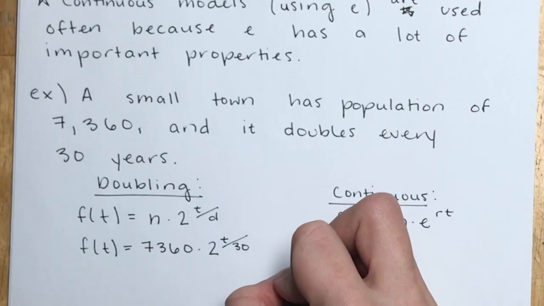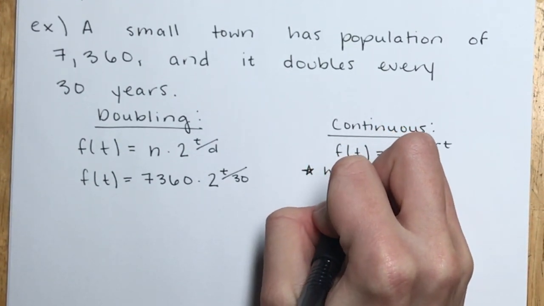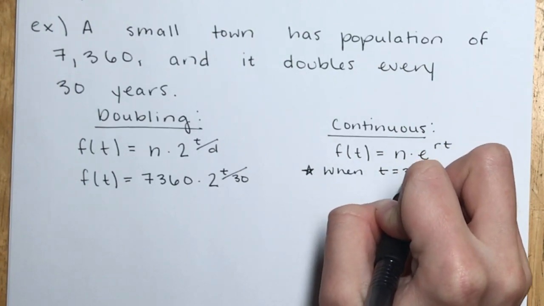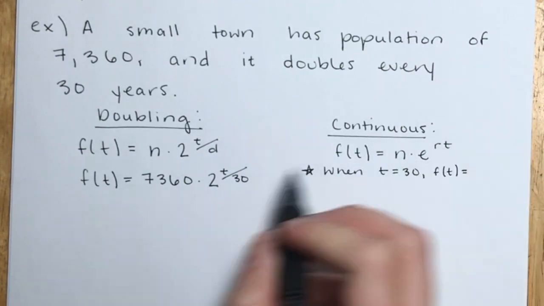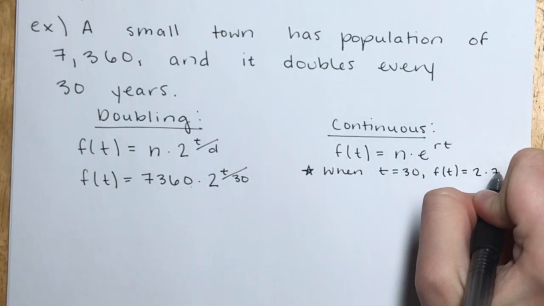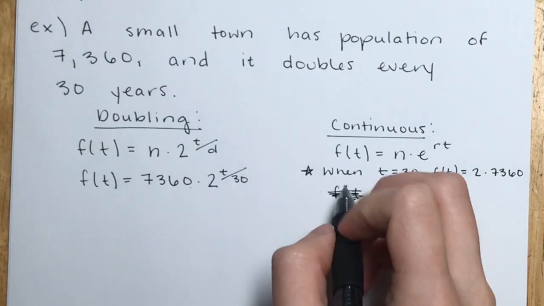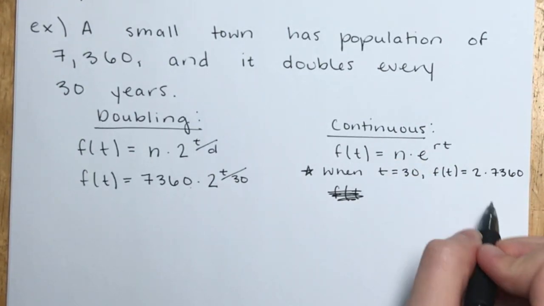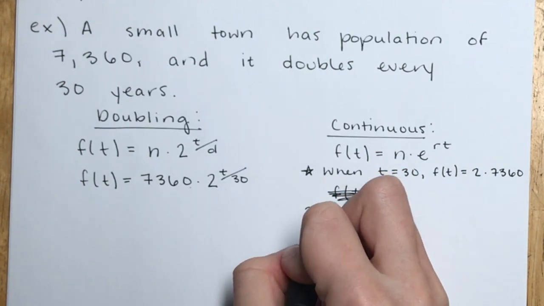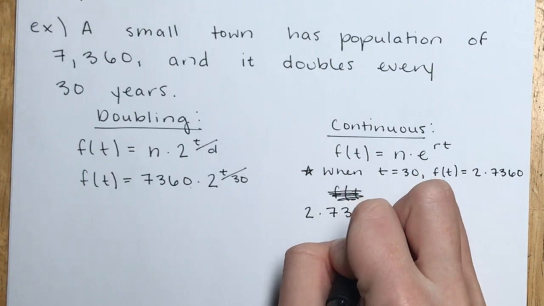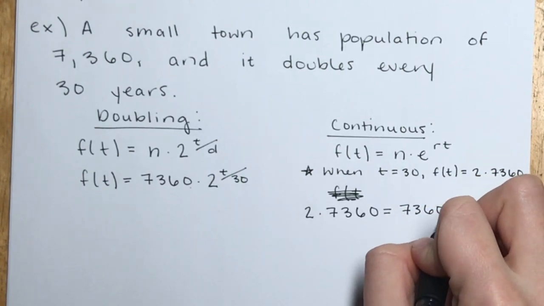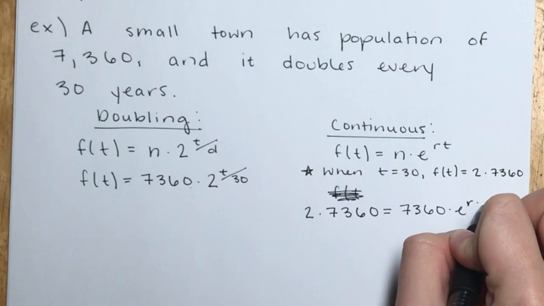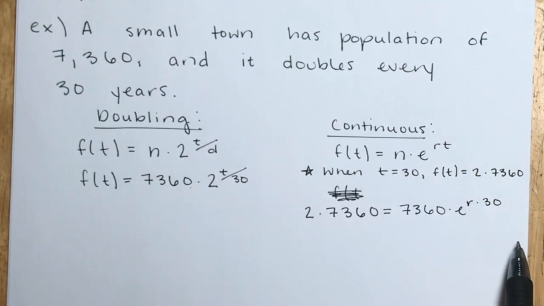So when t equals 30, so in 30 years, f of t is going to be equal to 2 times what we started with. So let's replace f of t here with 2 times 7,360. So 2 times 7,360 is equal to n, which is 7,360, times e to the r times 30, right? Remember, t is 30. And let's solve for r.